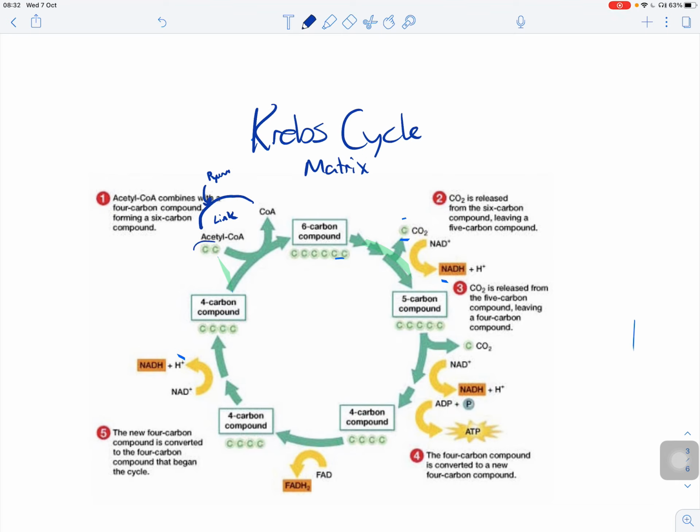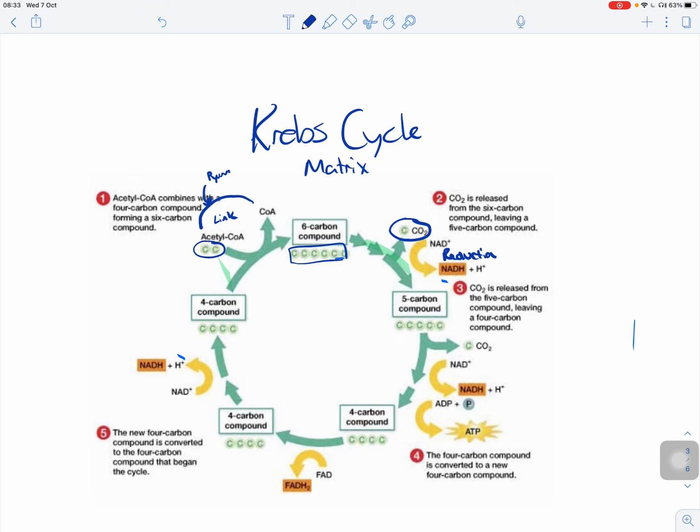So those 2 carbon molecules are joined with a 4 carbon molecule to make this 6 carbon molecule. And then we just have a series of different reactions happening here. I'm not so concerned with the names of them. That's not going to really help you. But there's a couple ones. So here we have another decarboxylation reaction. Here we have a reduction. Right?